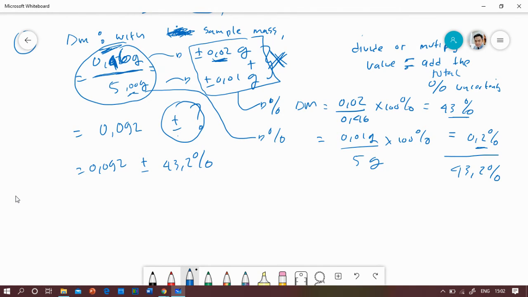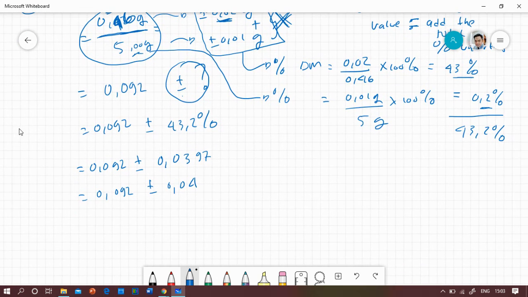So it's gonna be 0.092 plus minus the absolute, 0.0397. Usually we round it up into 0.092 plus minus 0.04. So that's gonna be the final uncertainty.